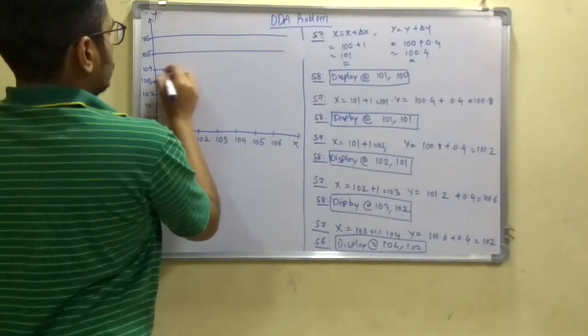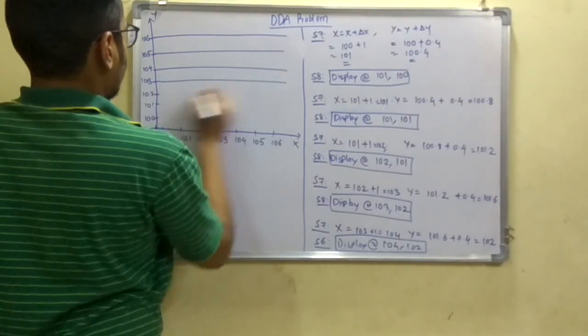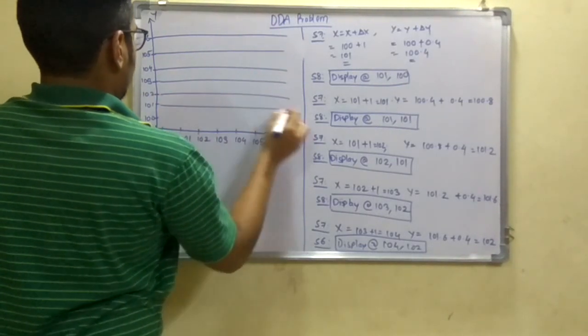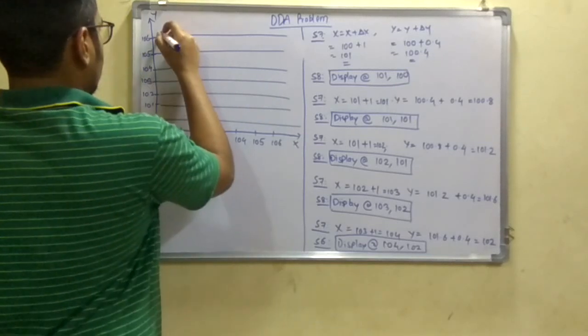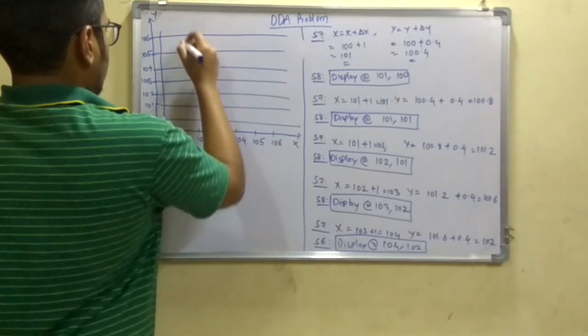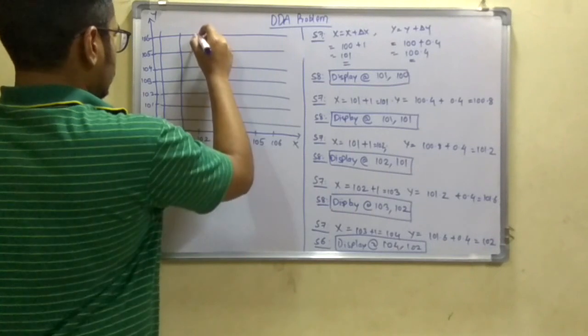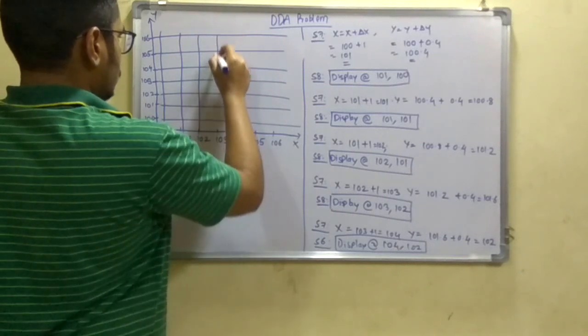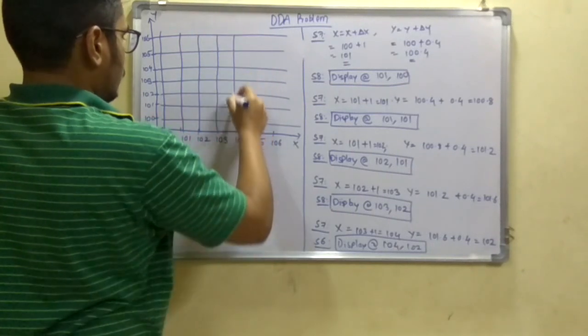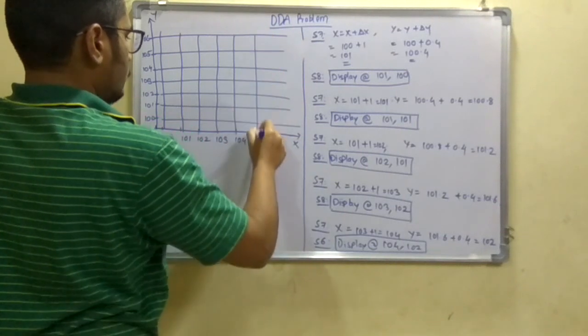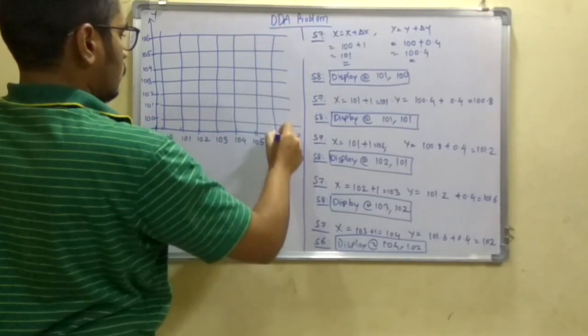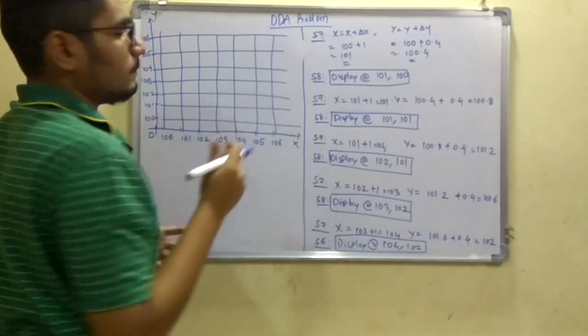Actually, when you join these horizontal and vertical lines, you get to see that particular graph. When you zoom into any picture or images, you get to see the actual pixels.